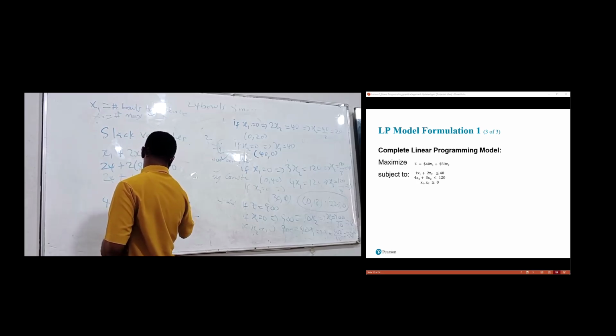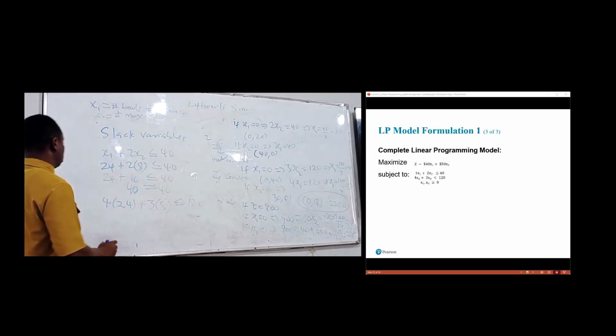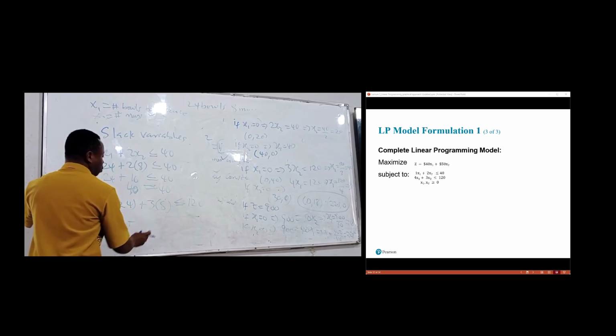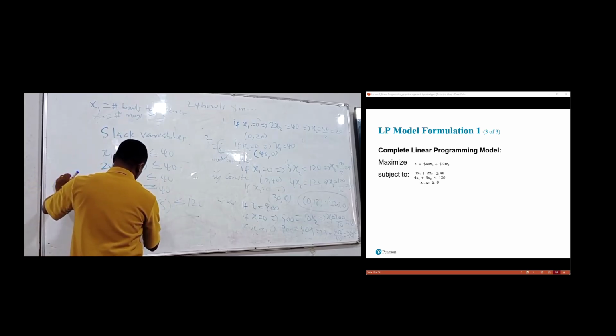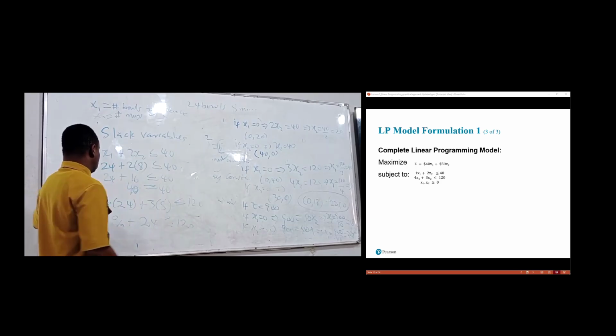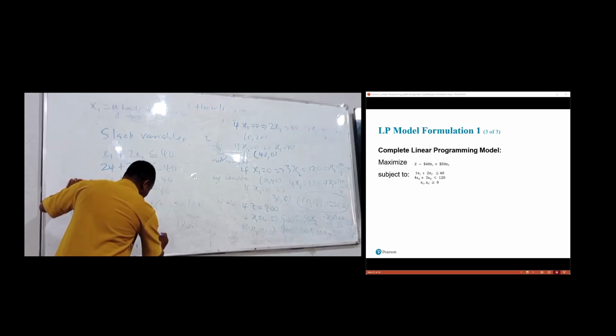Less than or equal to 120. 4 times 24 is what? 96 plus what? 24. 24 less than or equal to what? 120. So 96 plus 24 is what? So 120 is what?